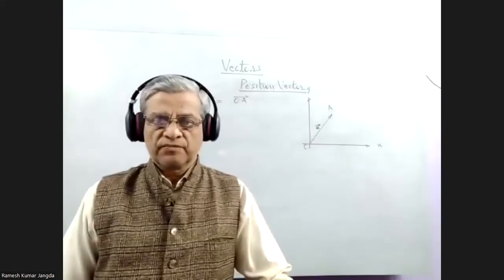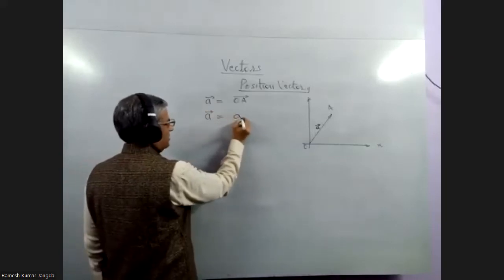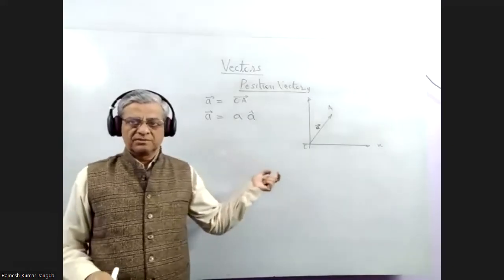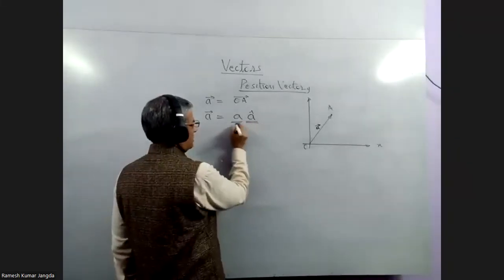I can write this vector A as A times A cap. Now, what does this A represent and what does this A represent?